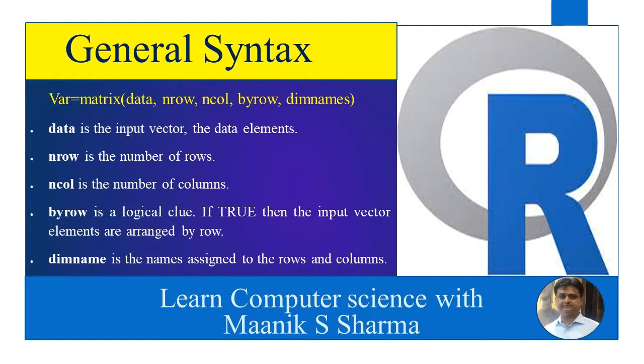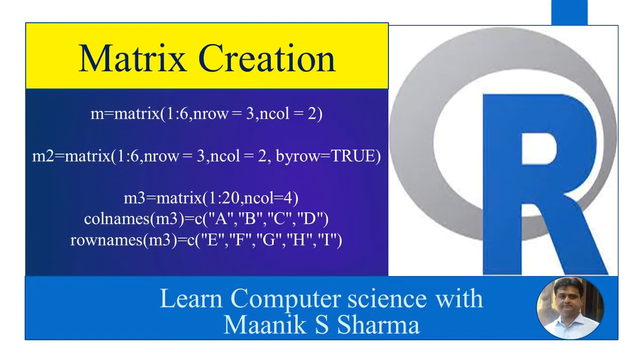Let's understand how we can create different matrices by using the matrix function and these parameters. In the first example, we have matrix(1:6, nrow=3, ncol=2). In this example, we have taken only 3 parameters, that is data, nrow and ncol.